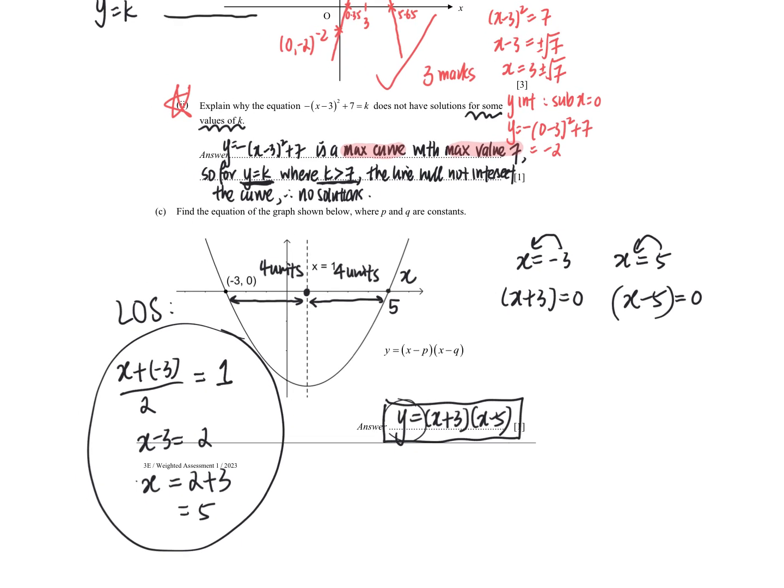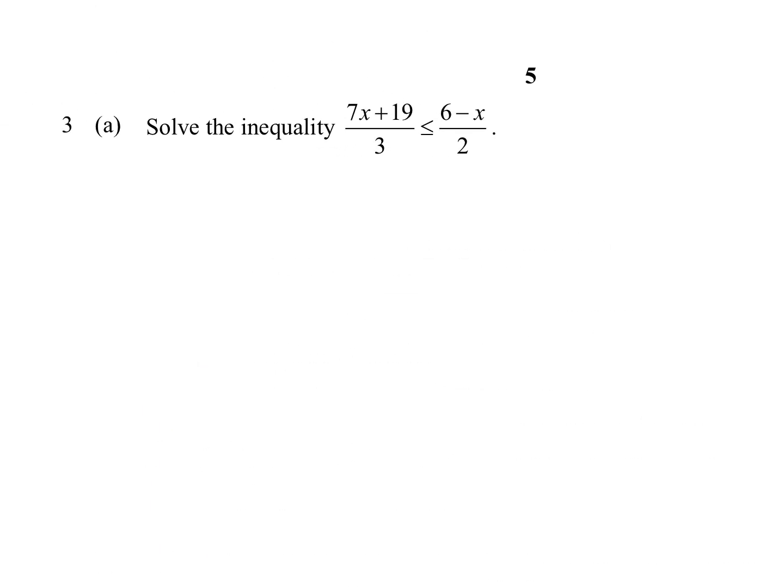Okay, next one. Inequality. Remember I told you, for inequality, the numerator must stay where they are. So thankfully, I mark all your work. I don't see anybody swapping the position. So the 7 plus 19 must stay where they are.